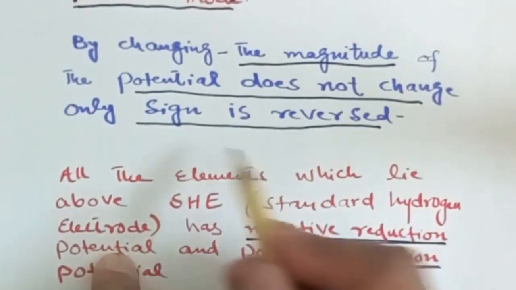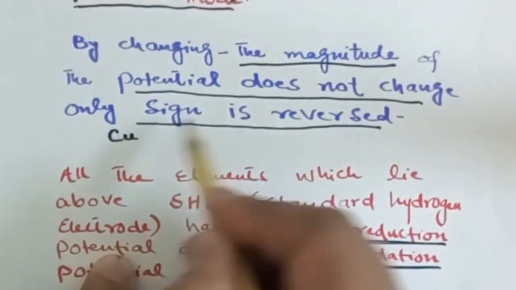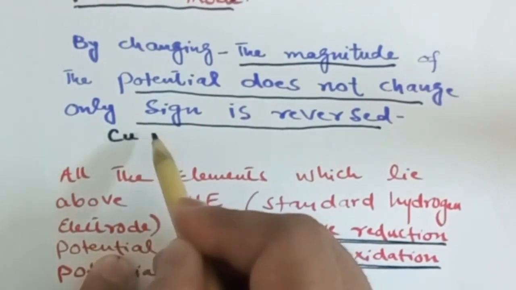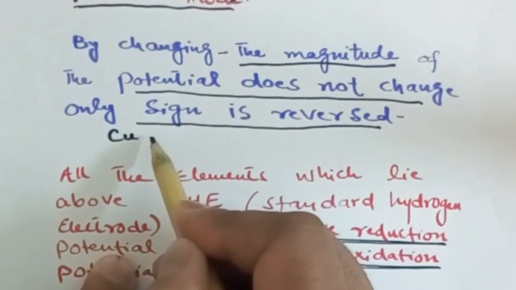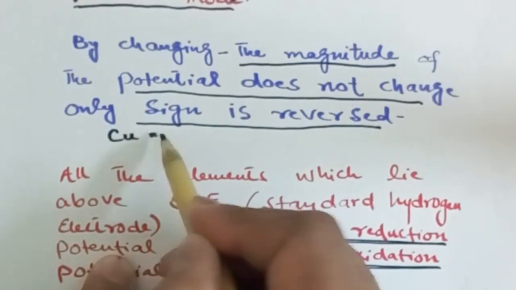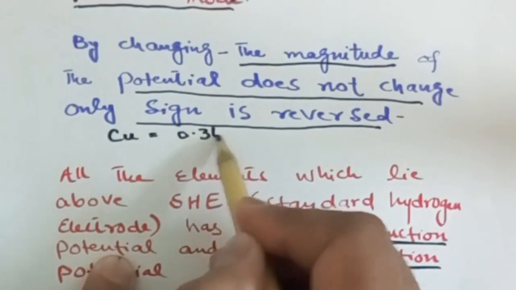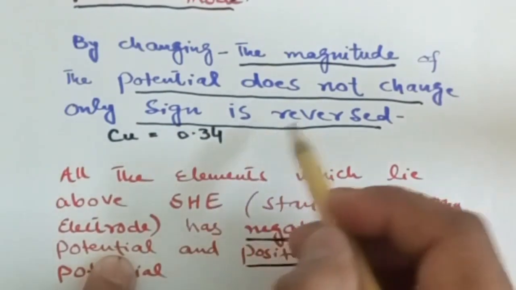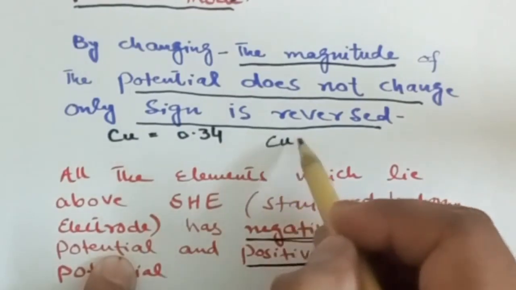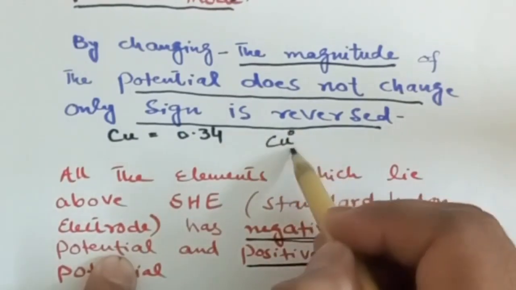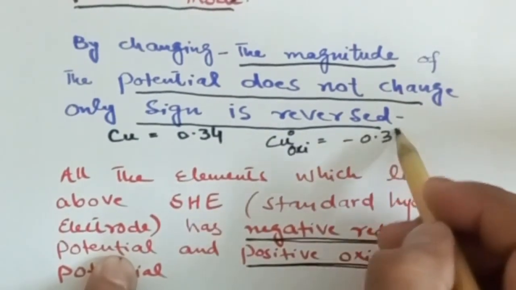For example, for copper the reduction potential value is 0.34, but if I take it in the form of its oxidation potential value, then it will be minus 0.34.